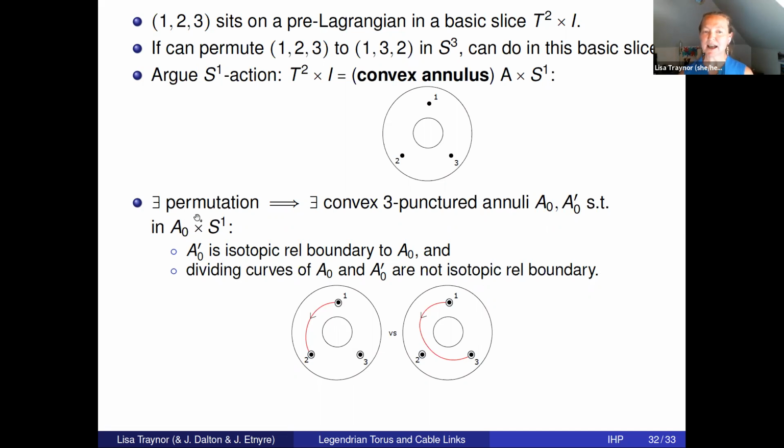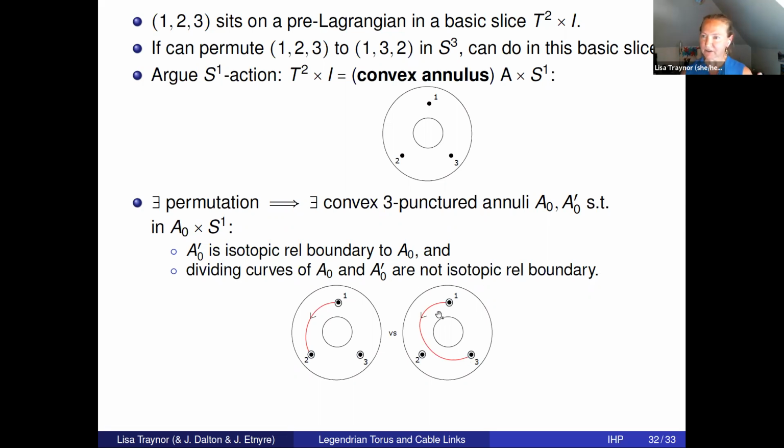And if I could do this non-cyclic permutation, then I would find the existence of 2 different annuli, A0 and A0 prime, in this A0 cross S1. And A0 prime would be isotopic relative to the boundary to A0, but the dividing curves are not isotopic relative to the boundary.